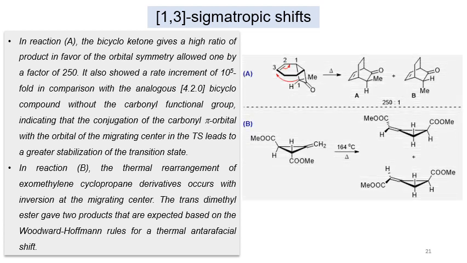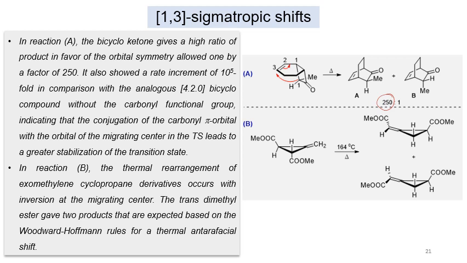In this particular case, there is a very high selectivity for this particular reaction. So you can see here, the symmetry controlled product is obtained in a very high ratio with respect to the other product, which is not symmetry controlled.